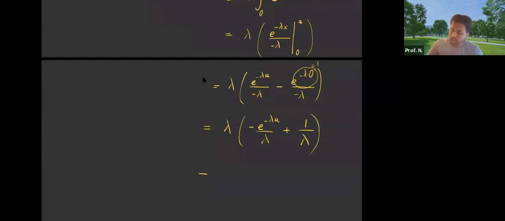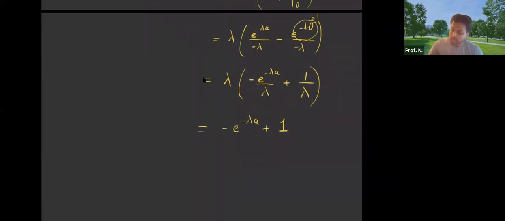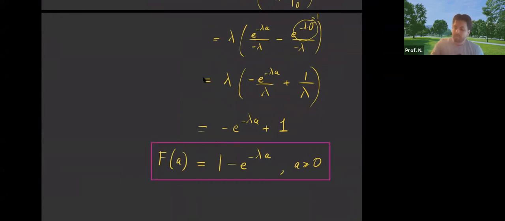You can distribute that lambda, and this becomes negative e to the negative lambda x plus 1, or in other words, 1 minus e to the negative lambda x, for x greater than or equal to 0. And this is the cumulative distribution function for an exponential random variable.